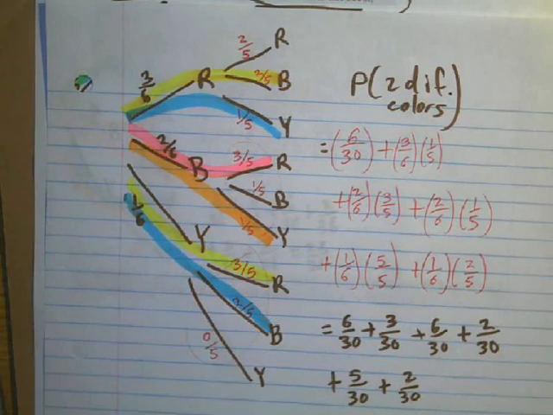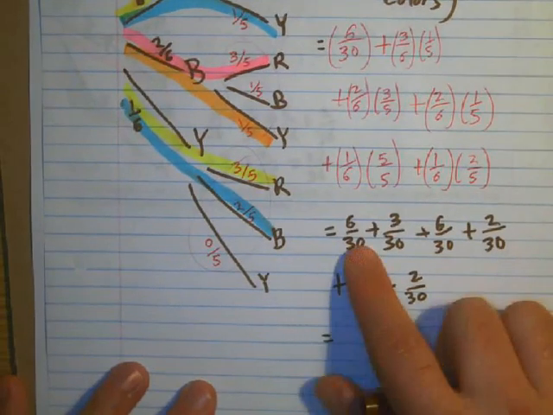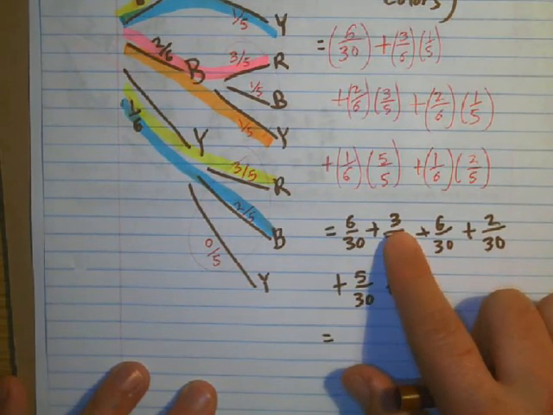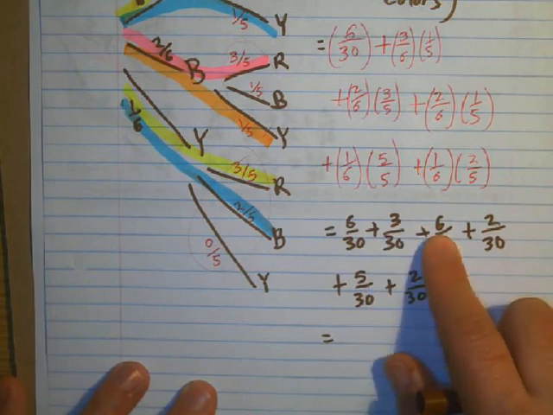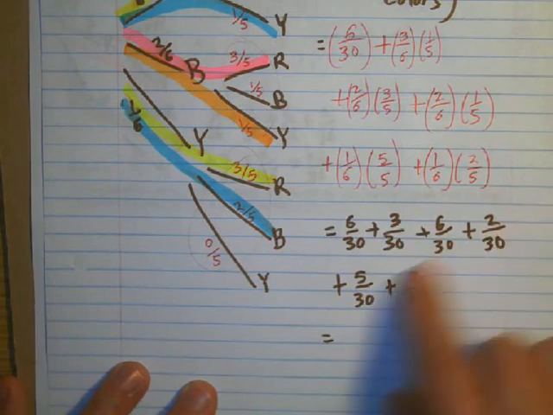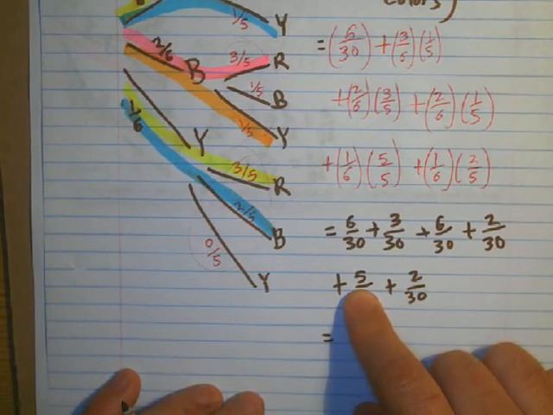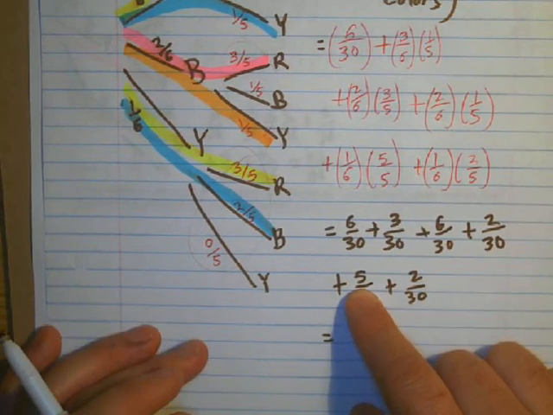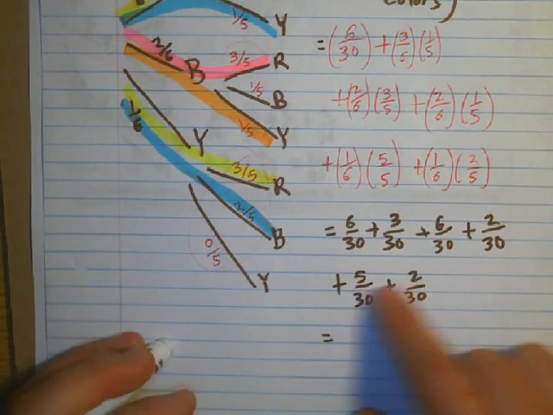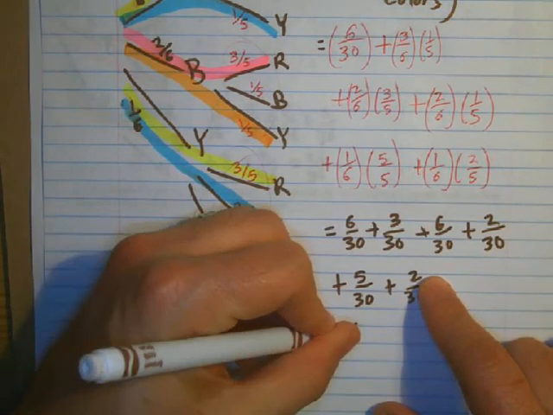And we get 6 plus 3 is 9, 9 plus 6 is 15, plus 2 is 17, plus 5 is 22, 24/30.